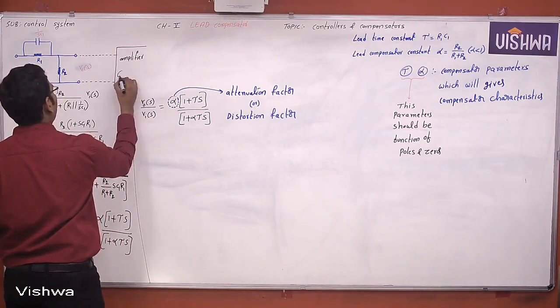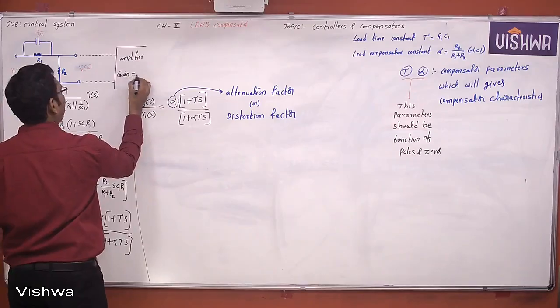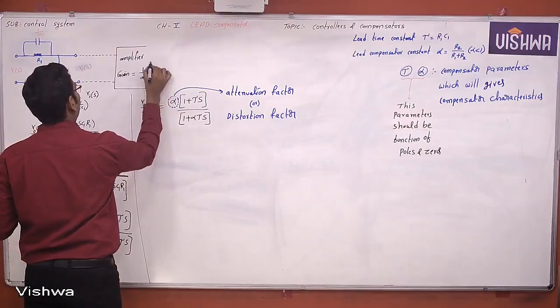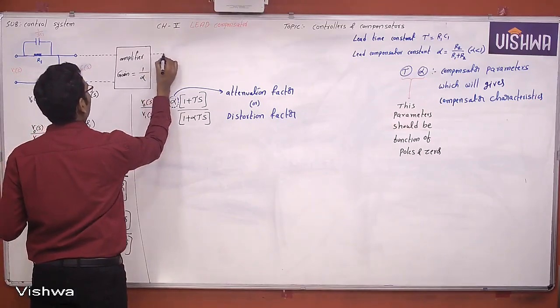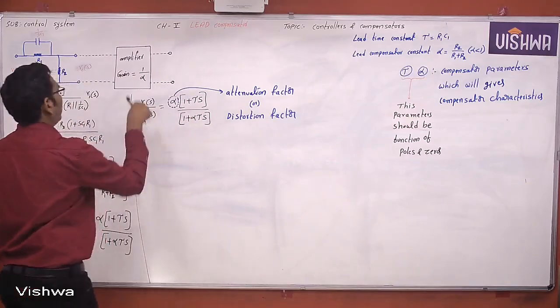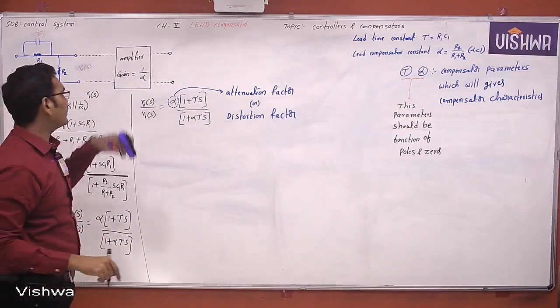Design an amplifier of gain which is the reciprocal of that factor, such that this alpha and this alpha are cancelled, and the distortion factor is cancelled.